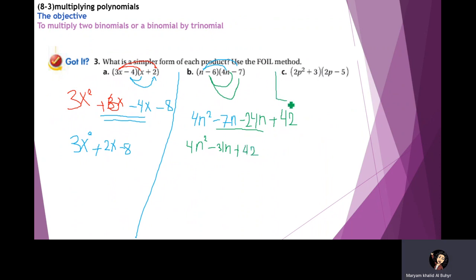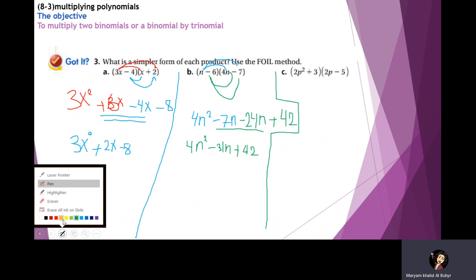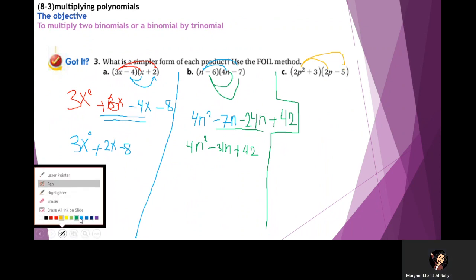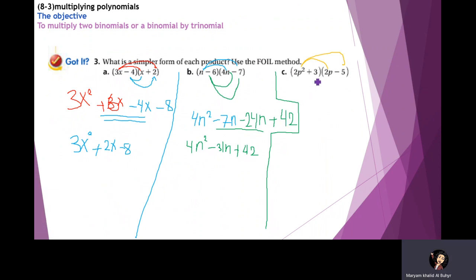See the last one. First by first, first by second. Second by first, second by second.